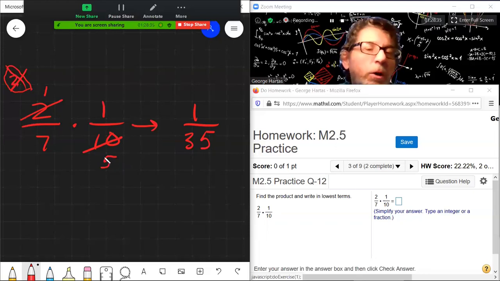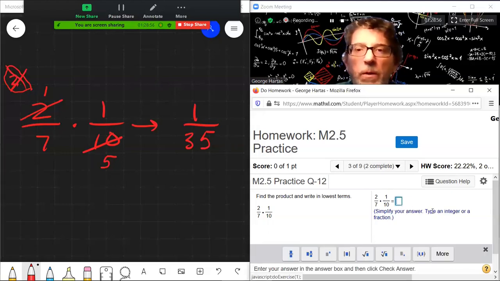It's not the end of the world, but always remember, if you don't reduce all the way, then you've got to reduce again later, because your final answer has to be completely reduced to the lowest terms. All right, so here we go. Let's put that in there and see if it works.